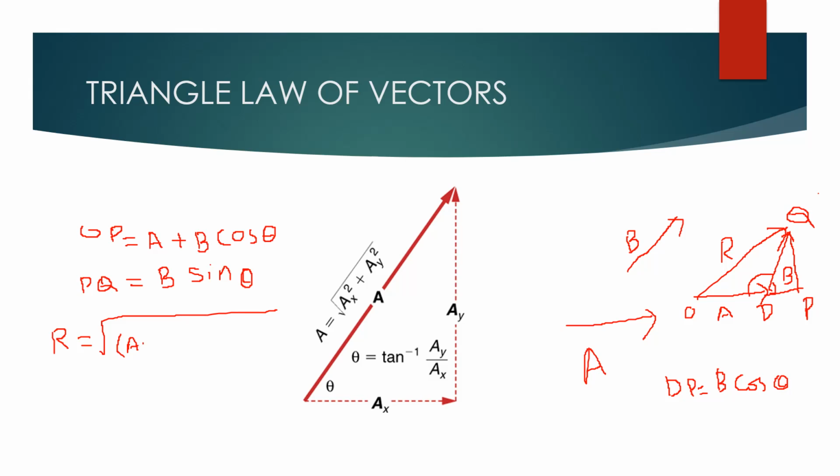You have to square both, open the bracket and square, and finally we write down the values by squaring this bracket, adding to b sine theta square, that is b square sine square theta.